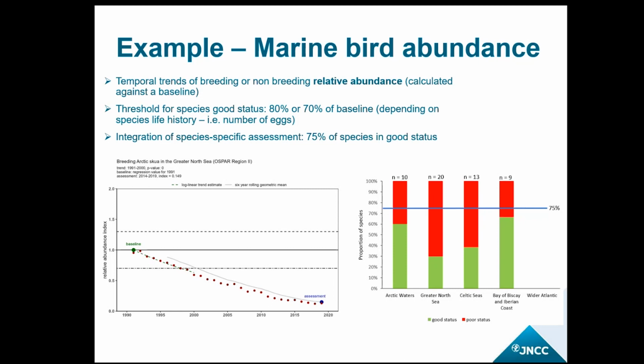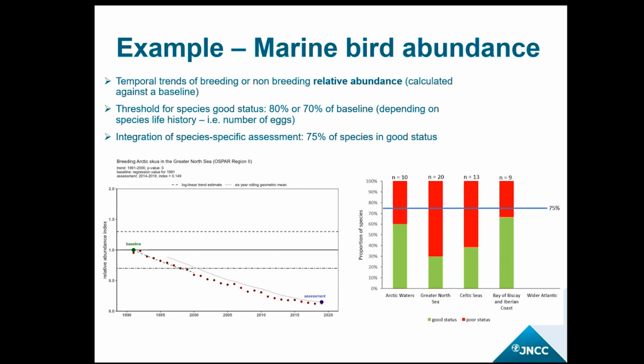There's also a method for integration across different species, and after integration, you need 75% of species to be in good status in order for the overall marine bird abundance indicator to be considered in good status.